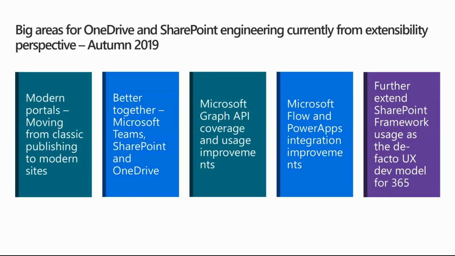And I wanted to repeat the message on the key areas where we're investing throughout the year. Throughout the year means by end of June, because Microsoft years start from July and end on June, which is kind of weird, but that's how our fiscal years are structured. So right now we're already in the new fiscal year.